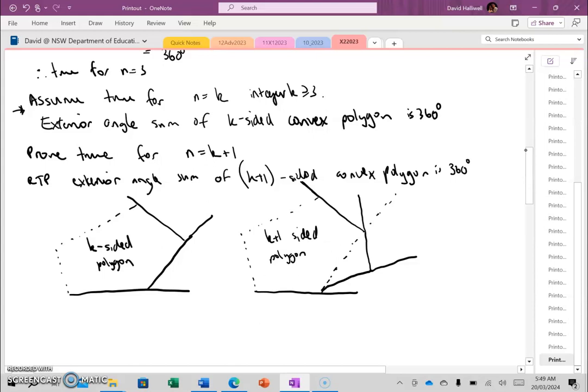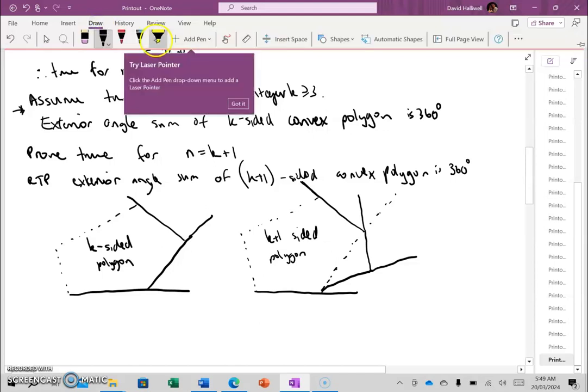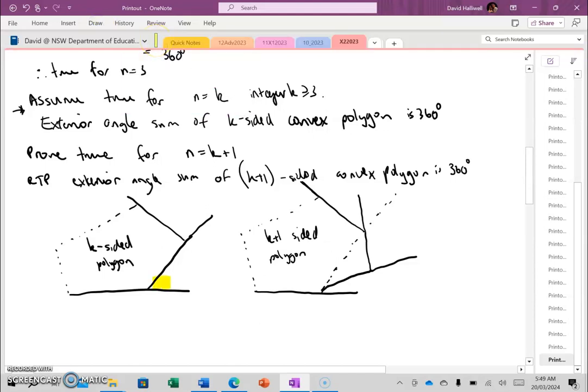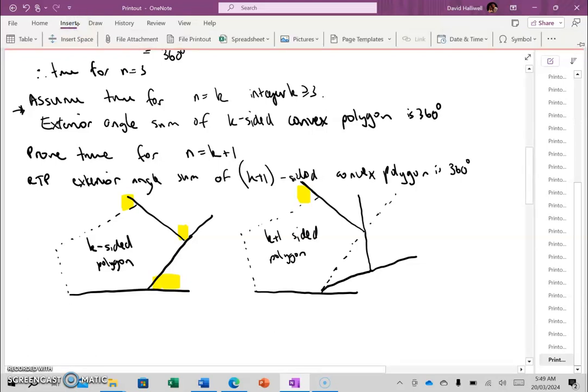Alright, I want us to have a close look at what's changed. So before, the exterior angles were here. Now notice that this exterior angle matches that one, so that's okay, that's the same. But there has been a bit of a change if you compare the k to k plus 1 case.